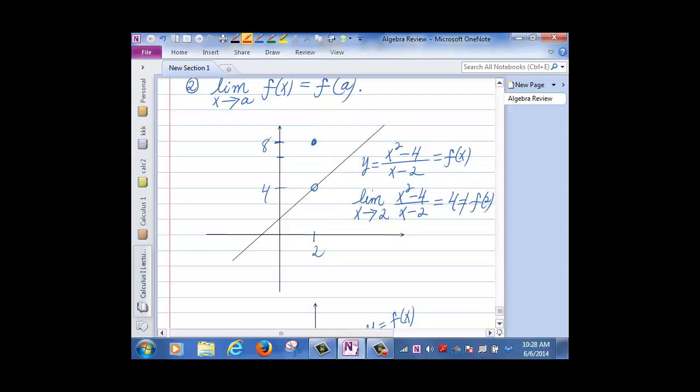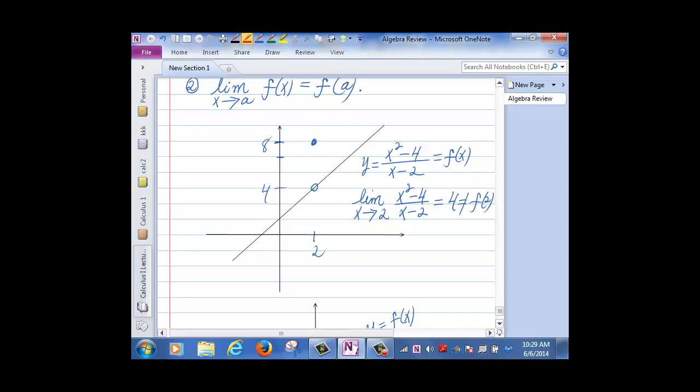If I just change the definition by saying f of 2 is 4, then this hole will be filled and this becomes continuous. This is called a removable discontinuity at 2, meaning that you can redefine the function at 2 in such a way that you can make the function continuous at 2.